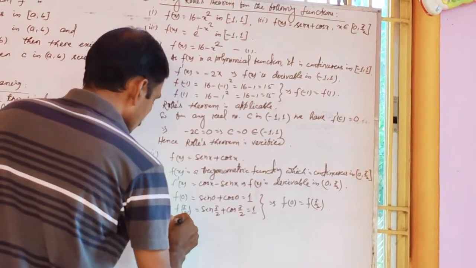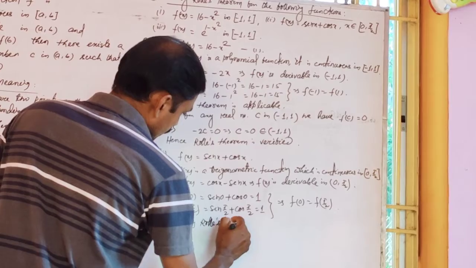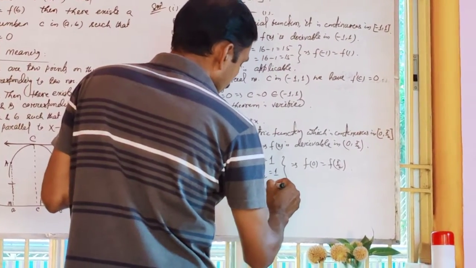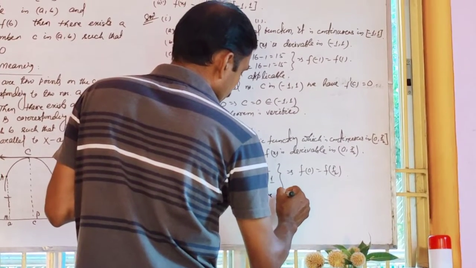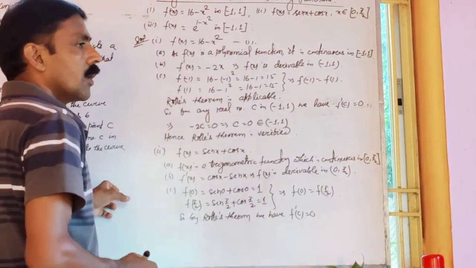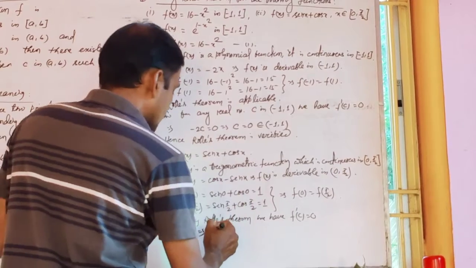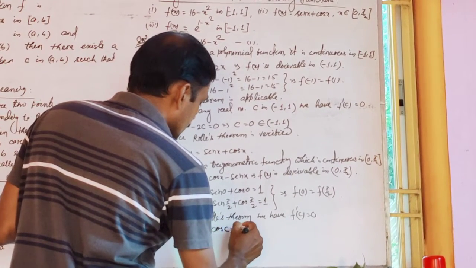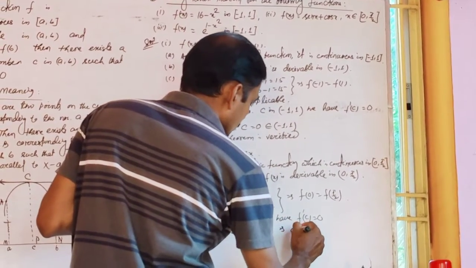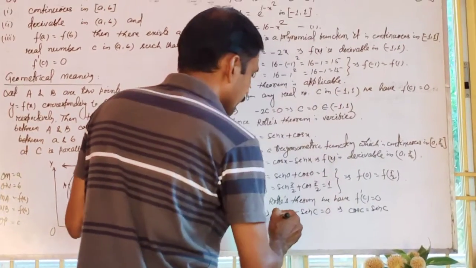So by Rolle's theorem, we have f dash of c equal to 0. Now f dash of x is cos x minus sin x, that is cos c minus sin c equal to 0. Implies cos c equal to sin c.